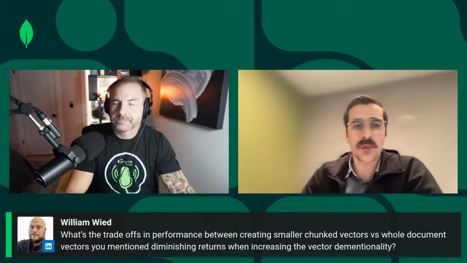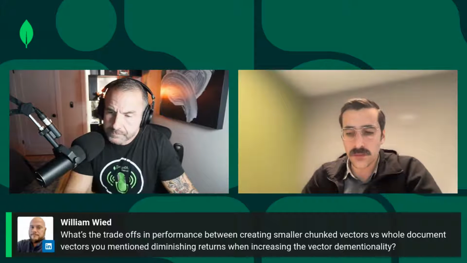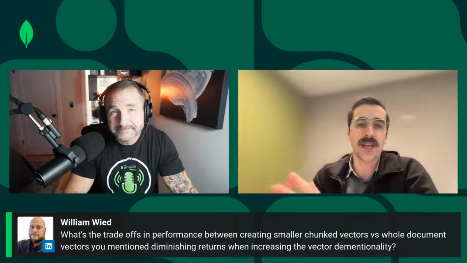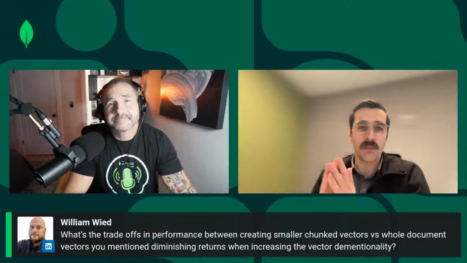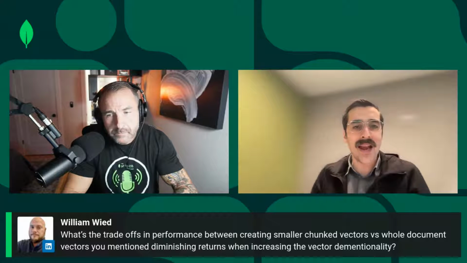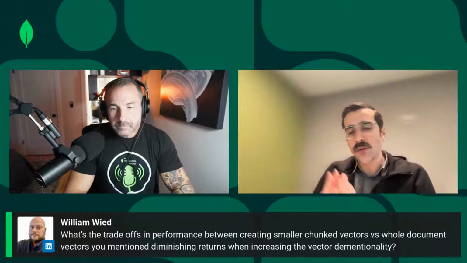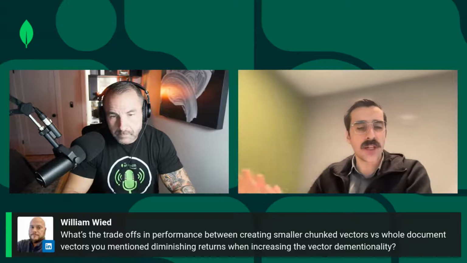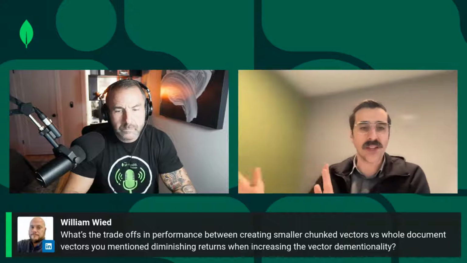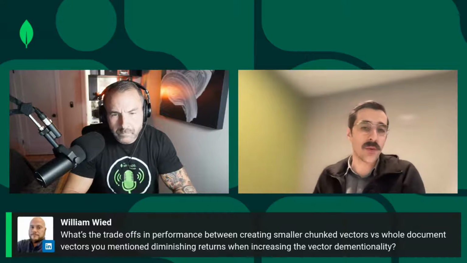What users need to do when creating workloads using vector search is typically take bodies of text, chunk them down into smaller pieces, and then vectorize them. When you vectorize them, the vector dimensionality stays the same. The question is just how well that vector represents the data that you sent through it.